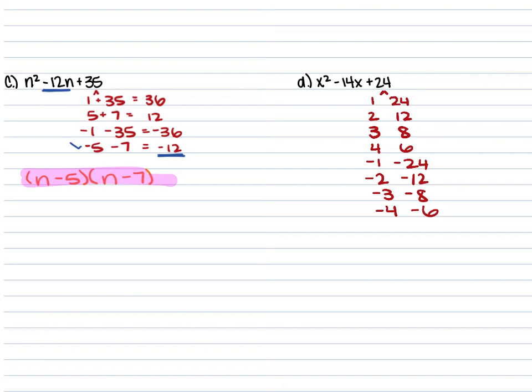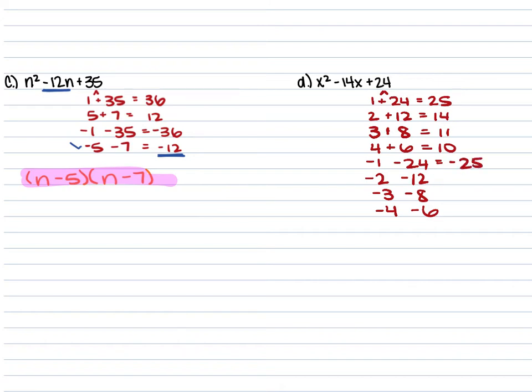We want the ones that add up to be a negative 14. So 1 plus 24 is 25, 2 plus 12 is 14, 3 plus 8 is 11, 4 plus 6 gives us 10. The negative 1 minus 24 gives us negative 25.